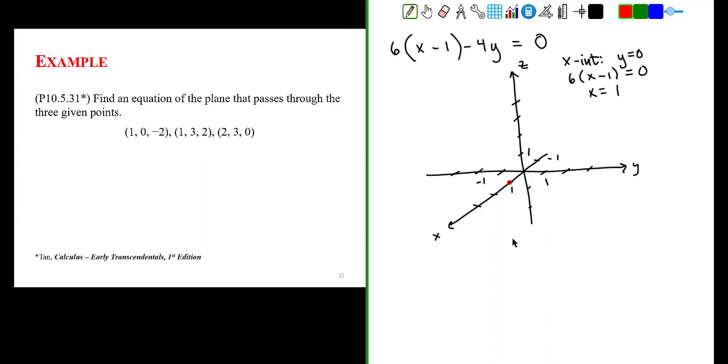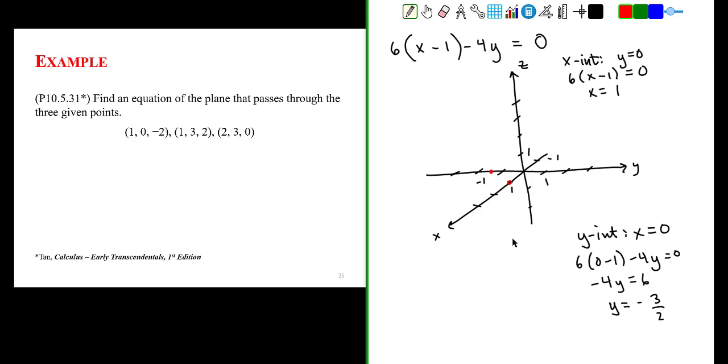Let's find our y-intercept. Our y-intercept is found by setting x equal to 0. So when we set x equal to 0, we get 6 times 0 minus 1, minus 4y is equal to 0. Minus 4y is equal to 6, or y is equal to minus 3 halves. Minus 3 halves would put us about right here.